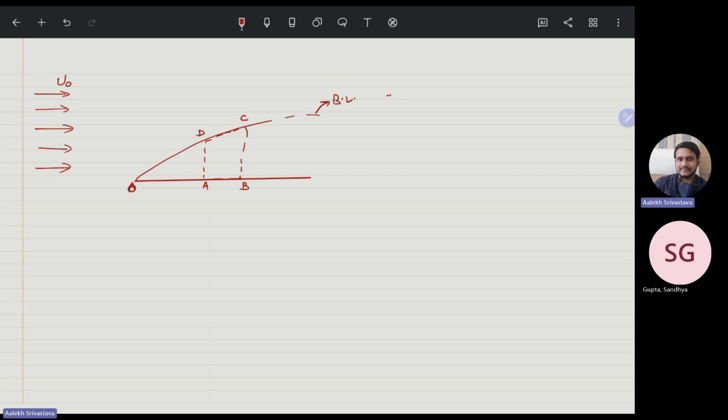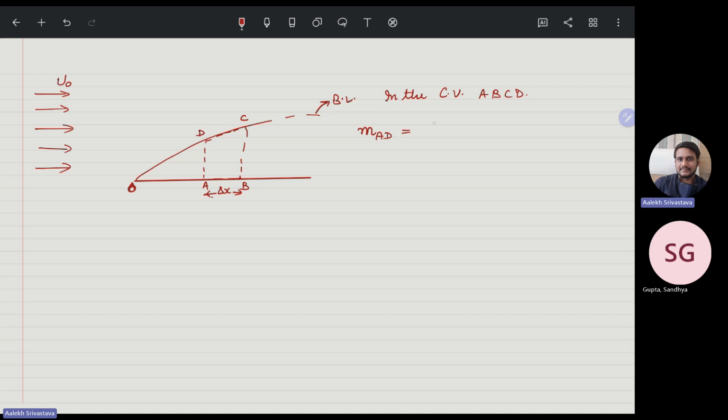Now in the control volume A, B, C, D, what is the mass that is coming from AD? Suppose this is your delta x element, and perpendicular to the depth you have a unit distance. What is the mass AD that is coming?